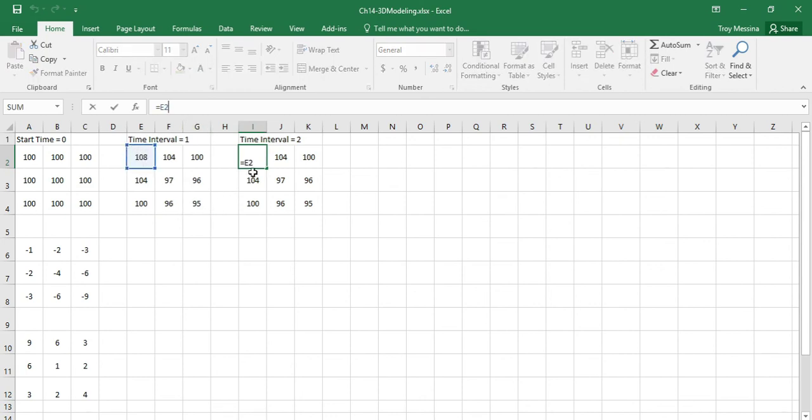So what I need to do is instead take the previous time step, add the loss, and add the gain again. And so I've gained another 8 because I lost 1 and added 9. So 108 plus 8 is 116, and I can copy that into the other cells and copy it down.